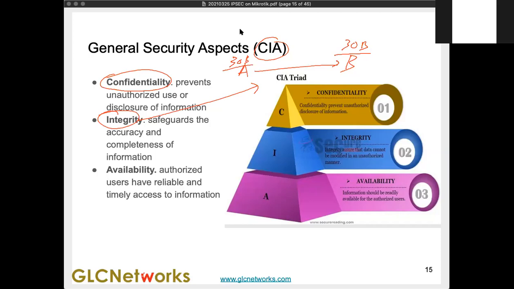If you send, for example, 300 USD, and then it is changed to 100 USD, the total number of characters is the same, but the meaning is different. So we want integrity to make sure that no information changes. And then we have availability. Make sure that the server or services are always accessible all the time.